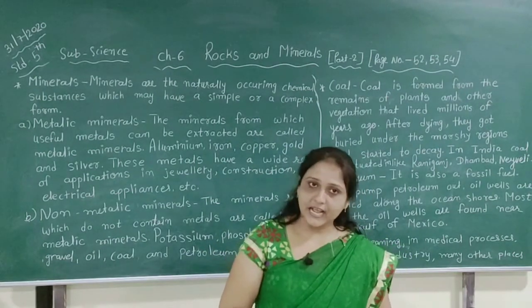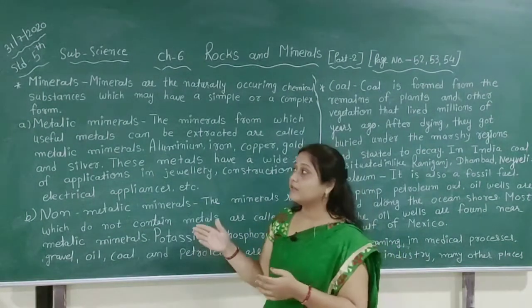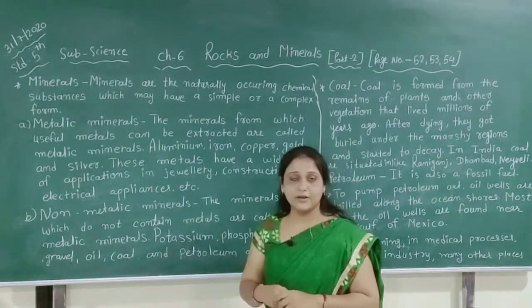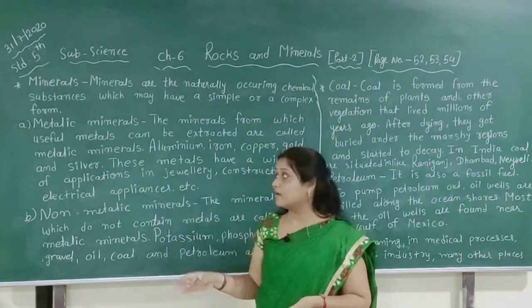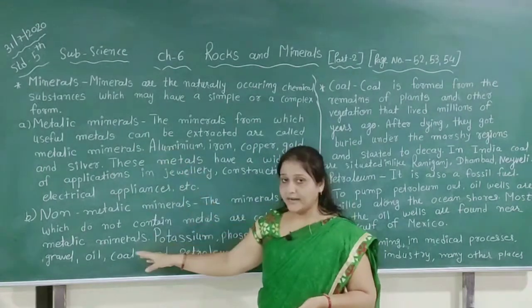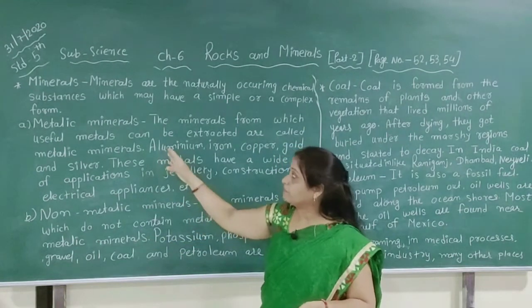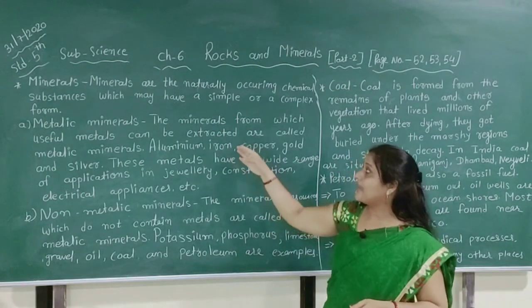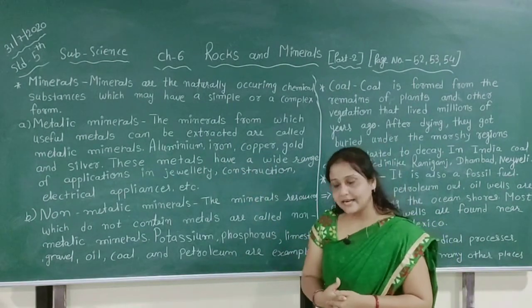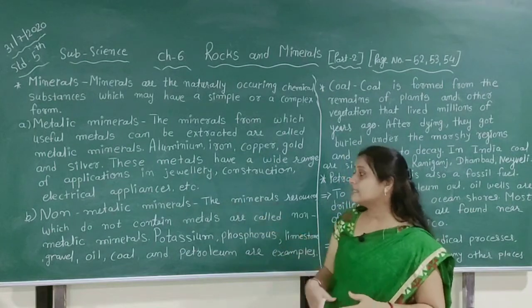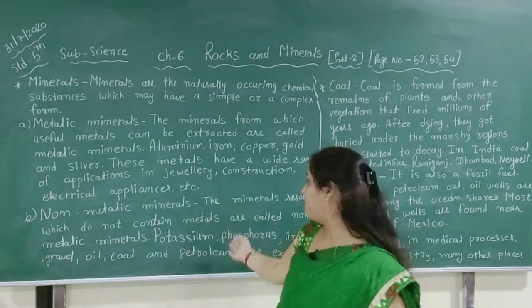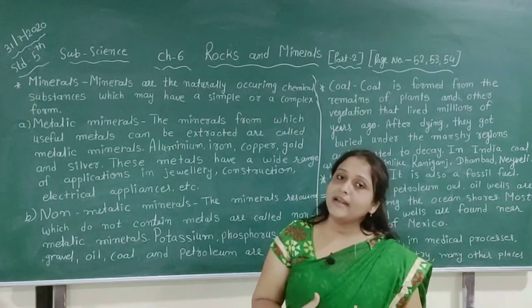Today we have discussed metallic minerals and non-metallic minerals. The minerals from which useful metals can be extracted are called metallic minerals, and the minerals which do not contain metals are called non-metallic minerals.